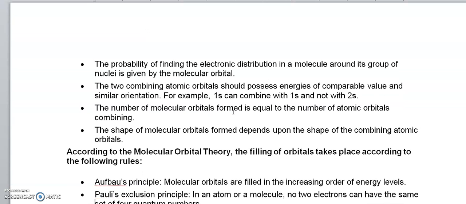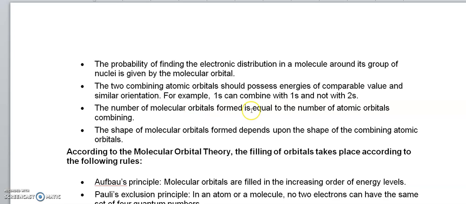Why do we need molecular orbitals? Molecular orbitals help us find the distribution of electrons and where the electron will be. And the two combining atomic orbitals should possess the same energy, that is 1s and 1s, not 1s and 2s.